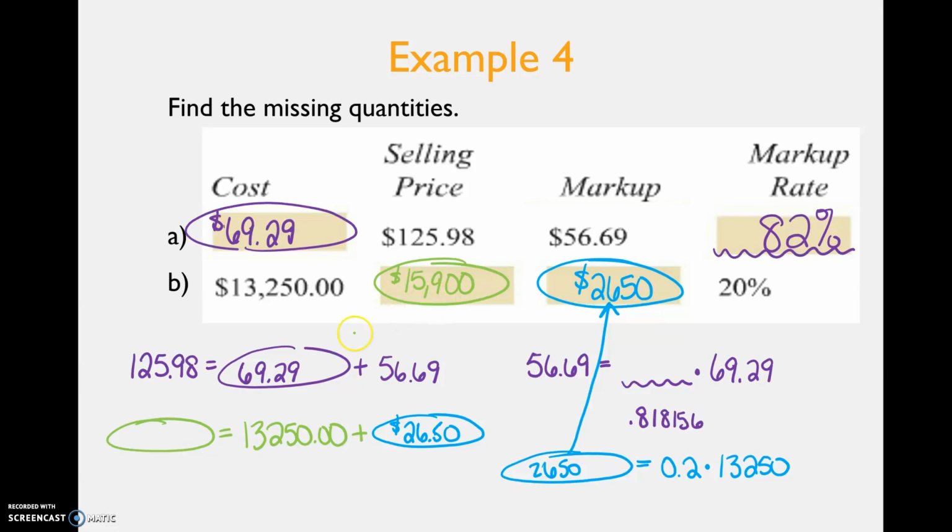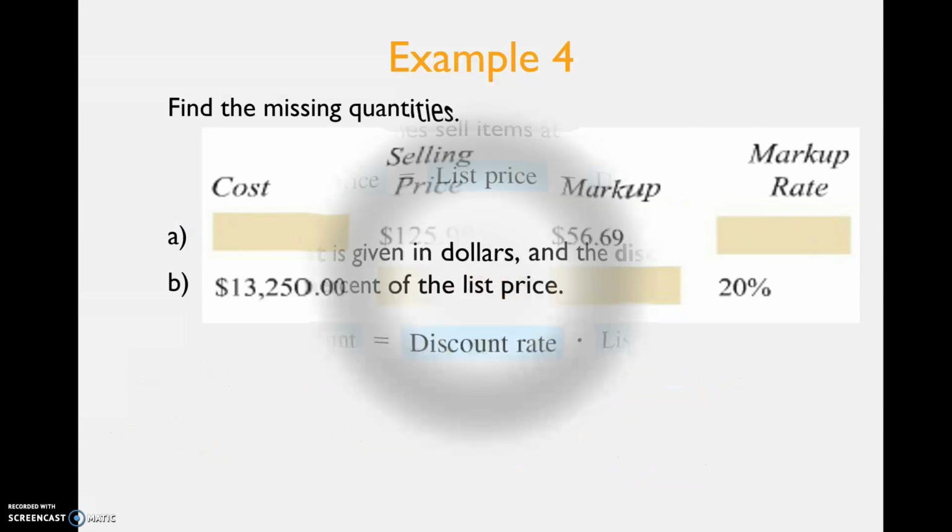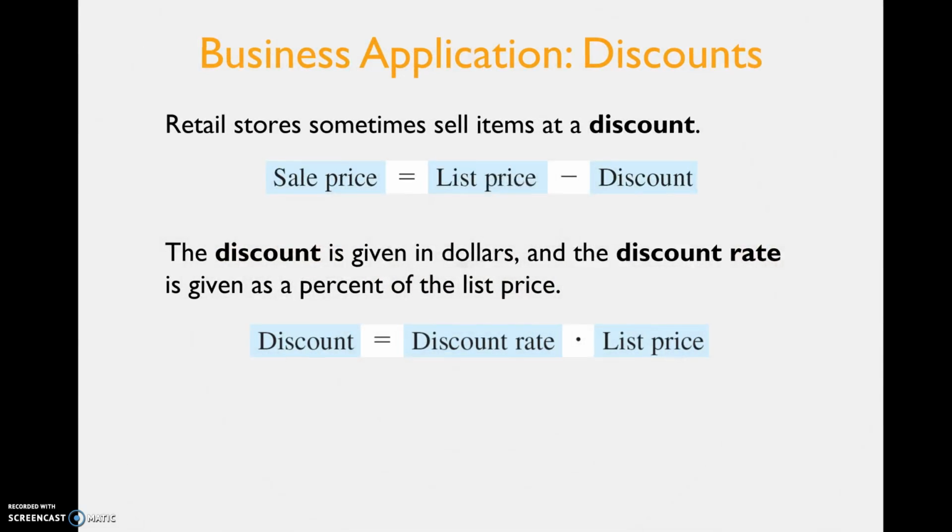Here are my fancy color-coded circles. I started with the selling price that I don't know equals the cost plus the markup, but I didn't know the markup, so I did markup equals markup rate times cost and figured out the markup and then put that into my original equation to figure out the selling price. The sale price equals the original list price minus the discount.